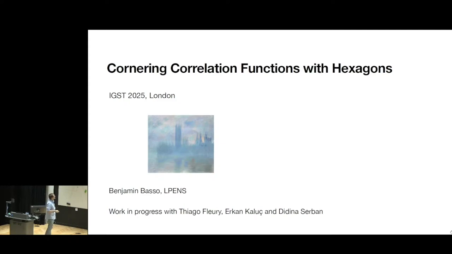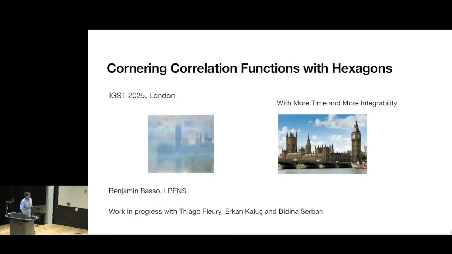Although it's a famous painting, this is where we stand at the moment, so don't be too tough on us if it is not super sharp. I believe that with more time and more integrability, we'll be able to say something clearer and hopefully find some beautiful Gothic architecture behind this painting.